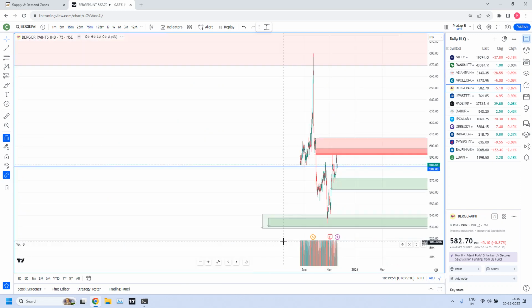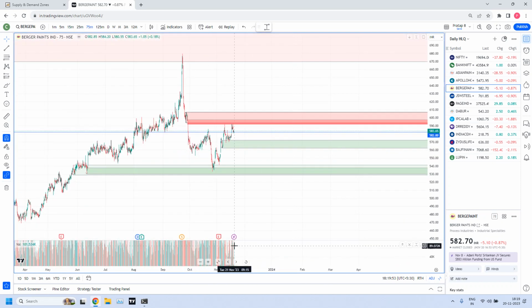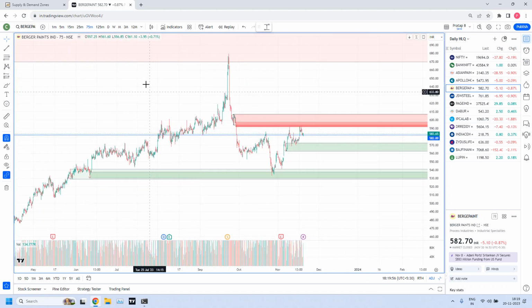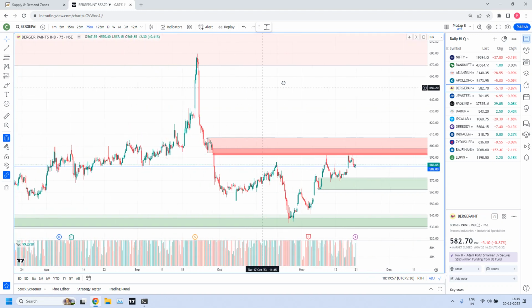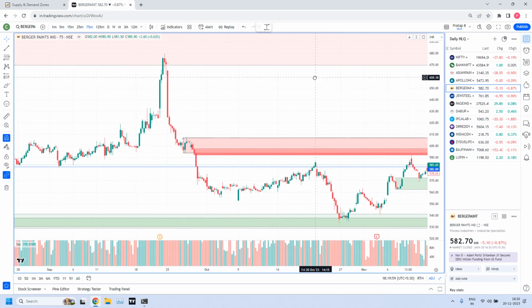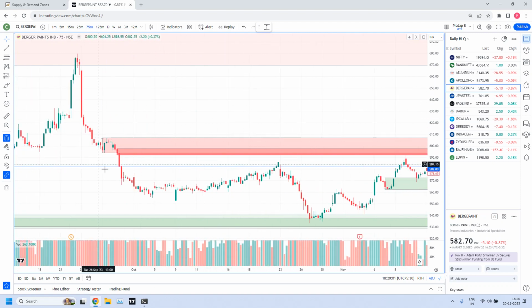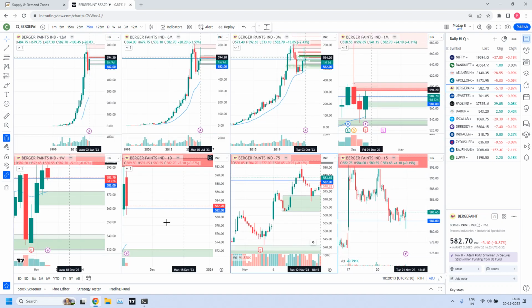It was an aggressive trade earlier. Why was it aggressive? Because the 75 minutes zone is a little overlapped with the daily zone. First, let me open the daily.